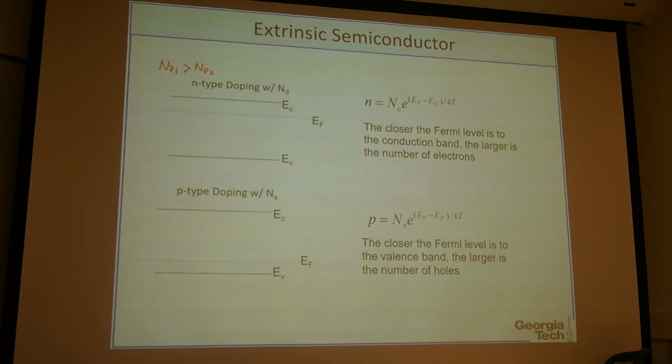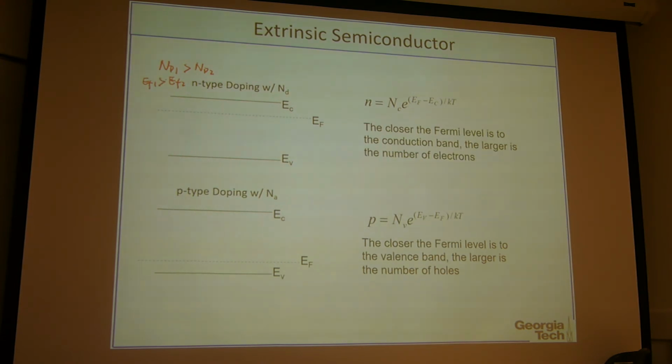Which one is higher, EF1 or EF2? Yeah, EF1.